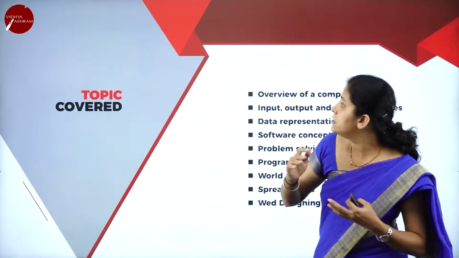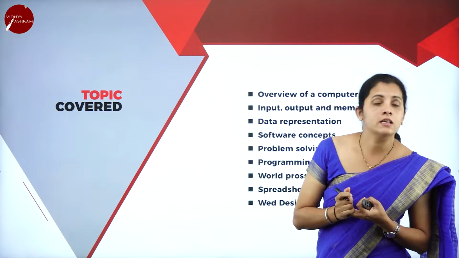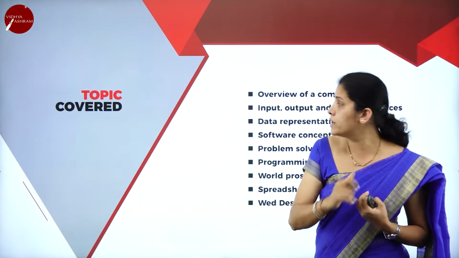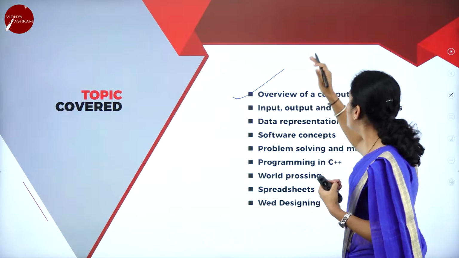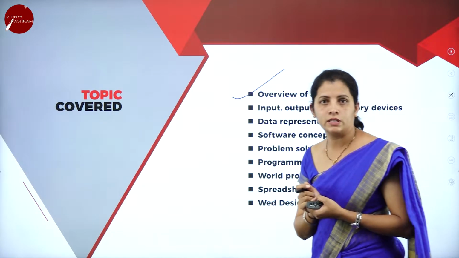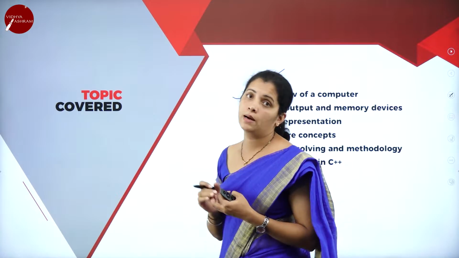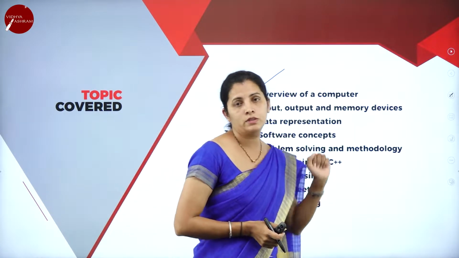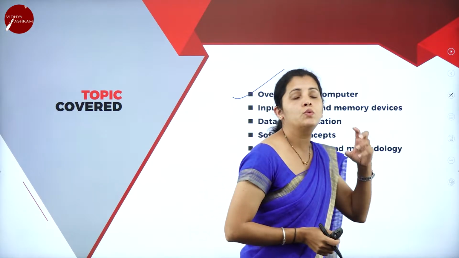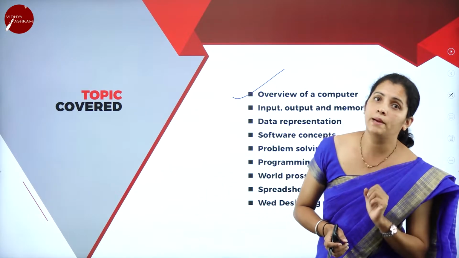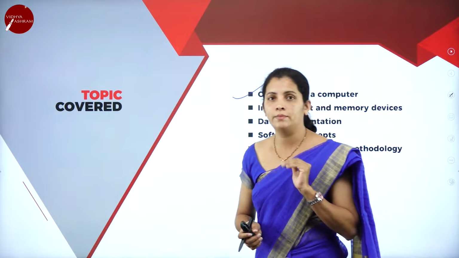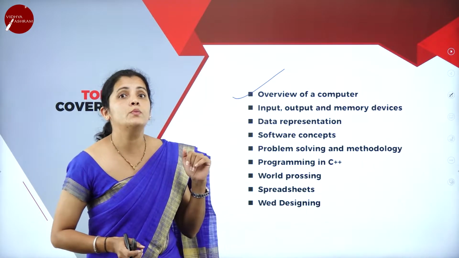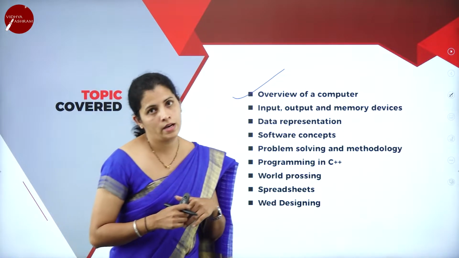Moving further, let's see what topics come under first PUC computer science. Here we have the overview of a computer, which is nothing but the fundamentals of the computer system. That means we are going to study in depth about the computer system: what is a computer, what is computer science, along with the generations of computers.